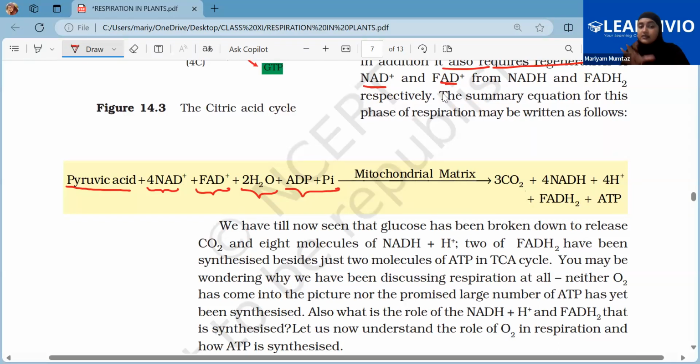These are the reactants that are required. It happens in the mitochondrial matrix, and ultimately 3 molecules of CO2, 4 NADH, 4 H plus, FADH2 and ATP are synthesized. So this is the TCA or the citric acid cycle or the Krebs cycle.